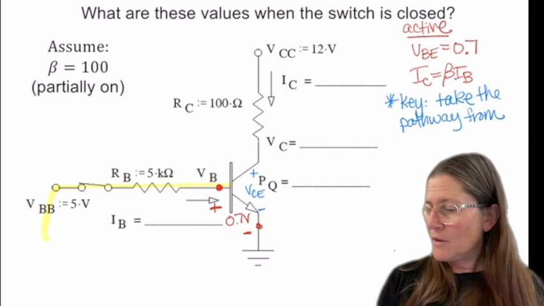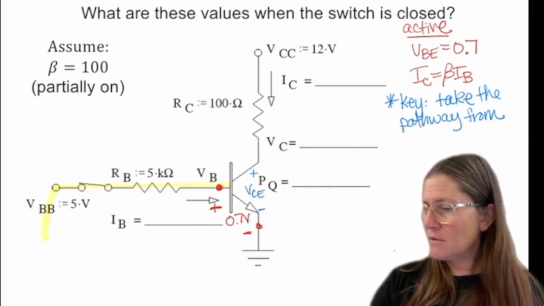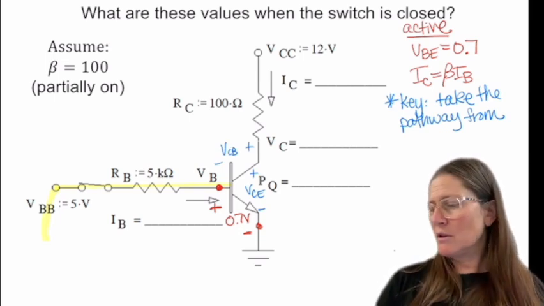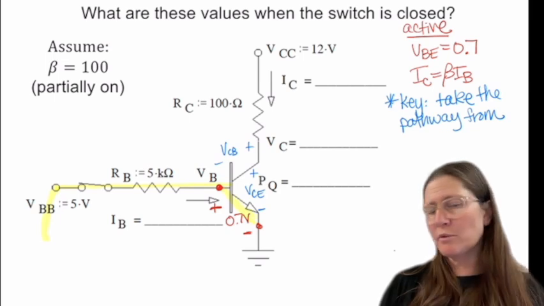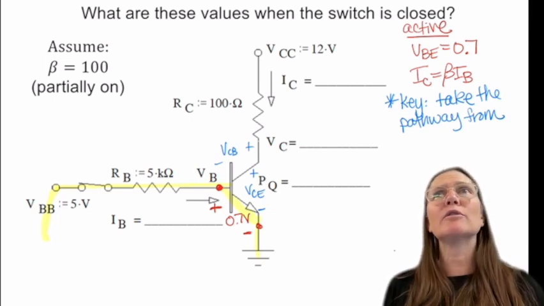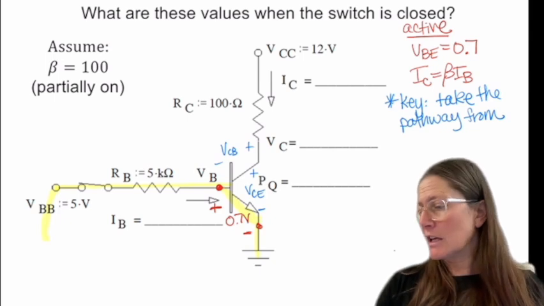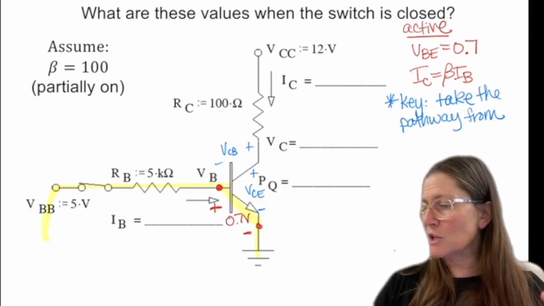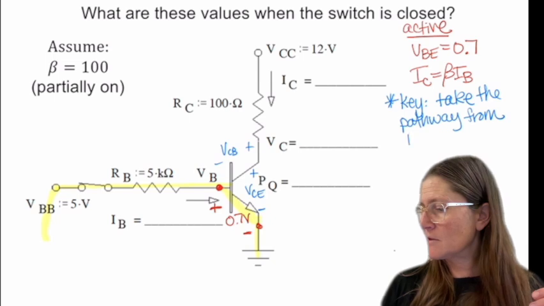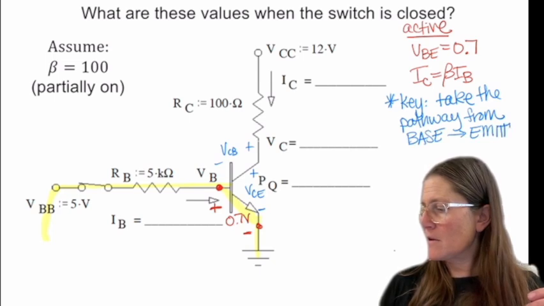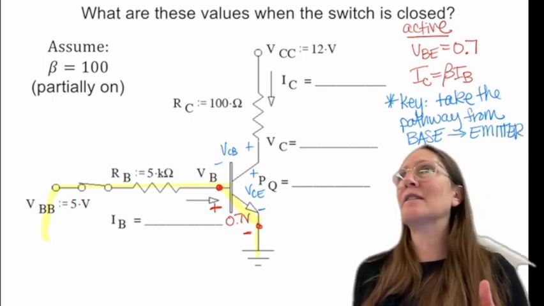This would be VC. That would be VCB, again an unknown. So I want to make sure to take the pathway through that 0.7 that I put on, and then I get to ground. That gives me a loop of all known values. So the key is to take the pathway from base to emitter or emitter to base, between those locations. Okay, so that's key on active.